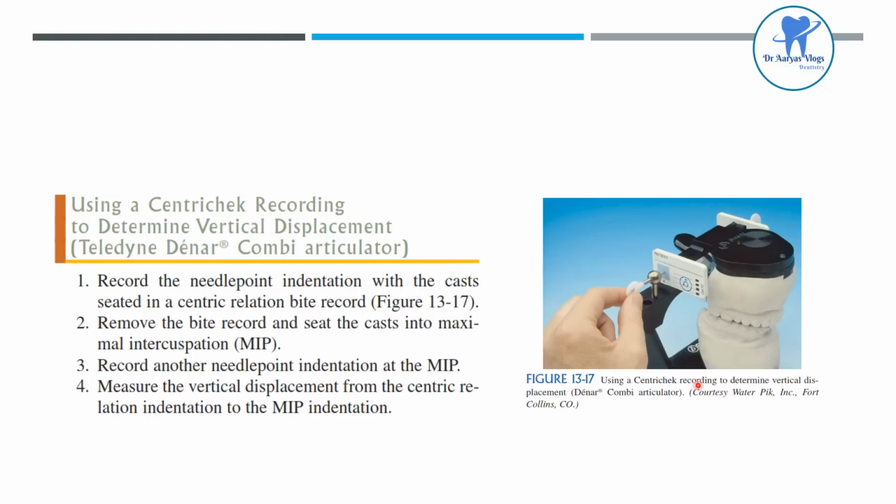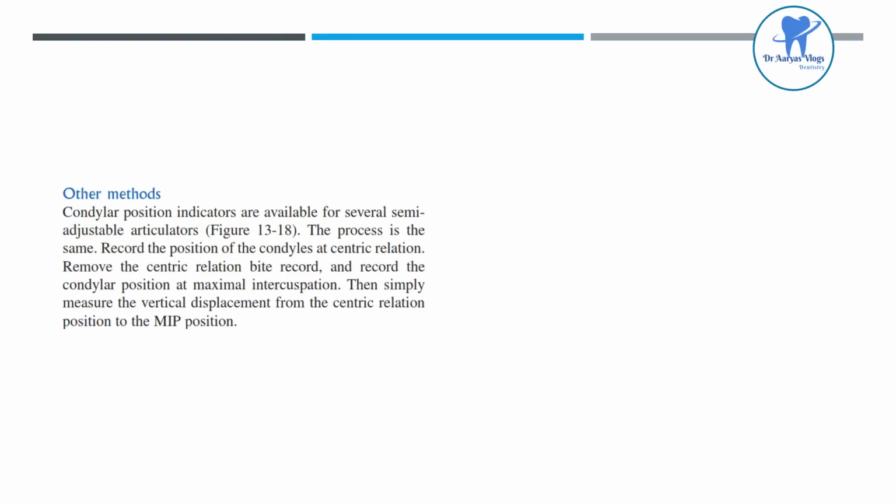Then remove the bite record and seat the cast into the maximum intercuspation. Record another needle point indentation at the maximum intercuspal position and measure the vertical displacement from the centric relation indentation to the MIP indentation.